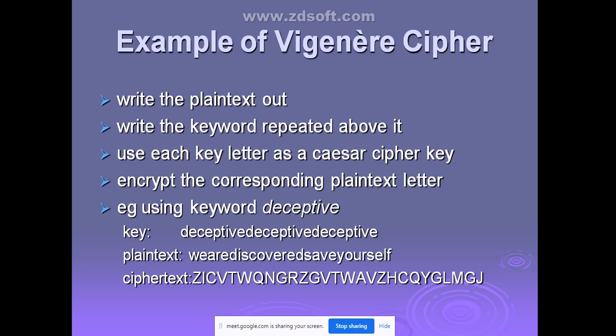Now see what key length you have. How many letters are there? 1, 2, 3, 4, 5, 6, 7, 8, 9. Nine letters are there, but in the plain text there are more than 9 letters. Yes or no?